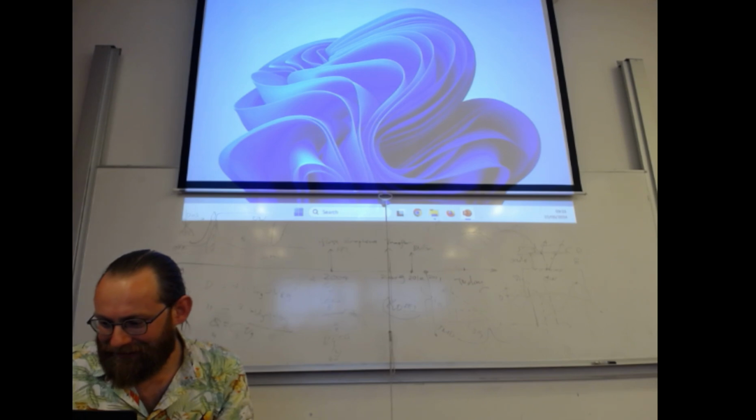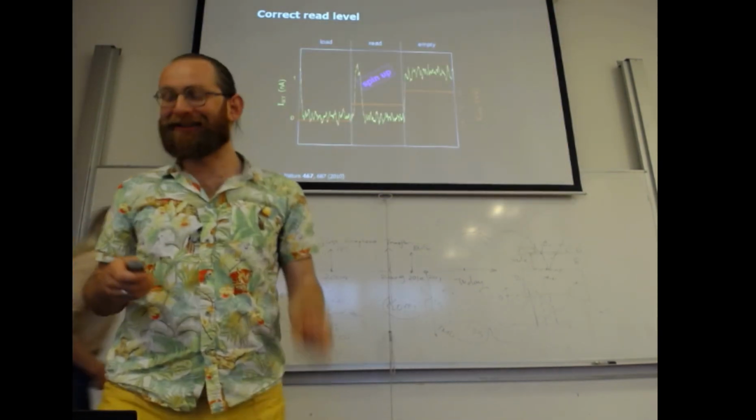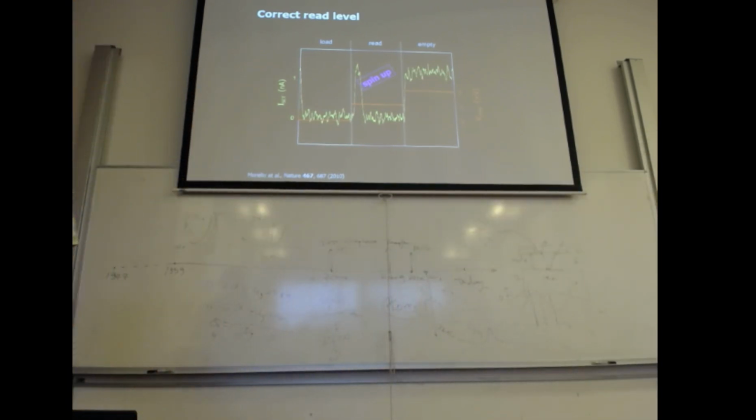So this was the final case I showed you. There we go. Let's hope this was the last incident. Why is there a current when we empty, if there is spin up? Because when we do the empty level, we put both donor levels far above the reservoir, so there is always tunneling happening.